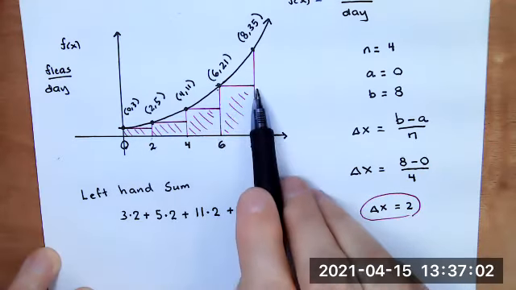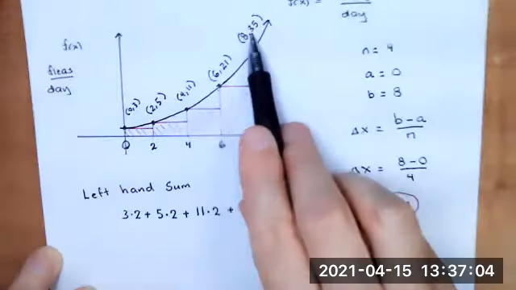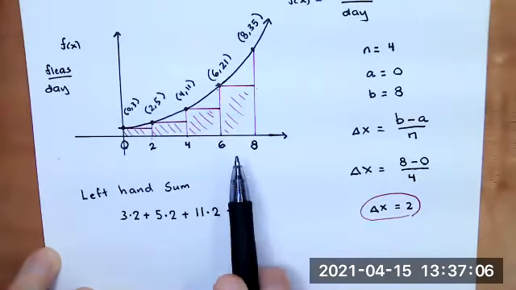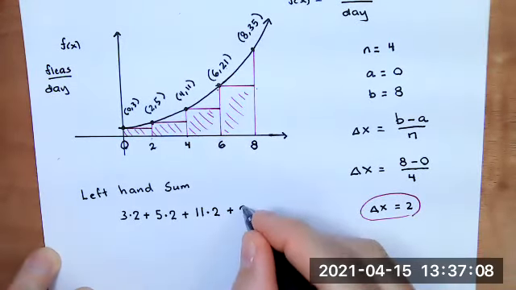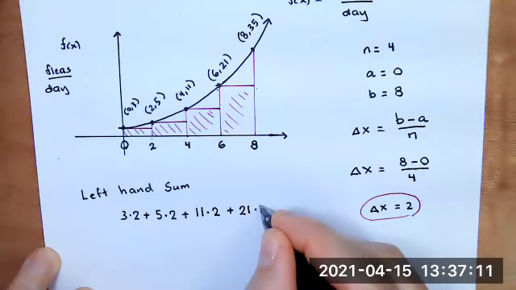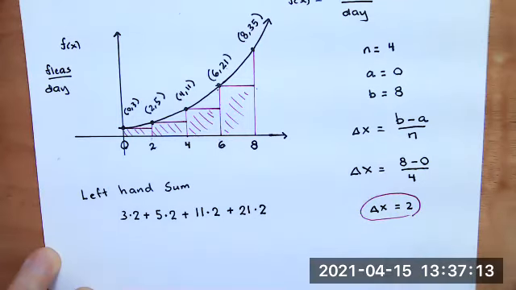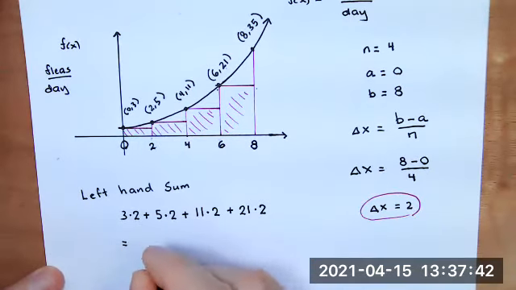And then for this interval, do I use the 21 or the 35? That's right, we use the 21. Put that all together, and we get an underestimate of 80.